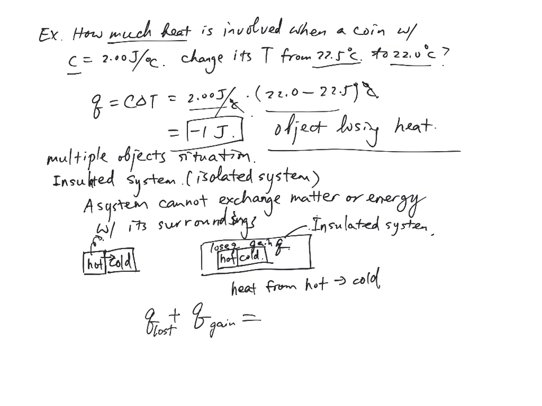And you can also look at it from the cold object's angle. It's gaining some heat. Every bit of heat it's gaining is not from the air, it's not from the countertop, it's strictly coming from the hot object.